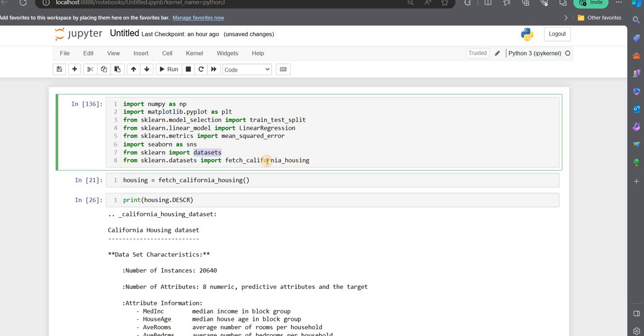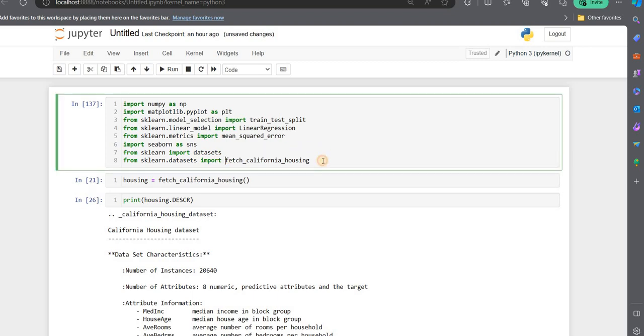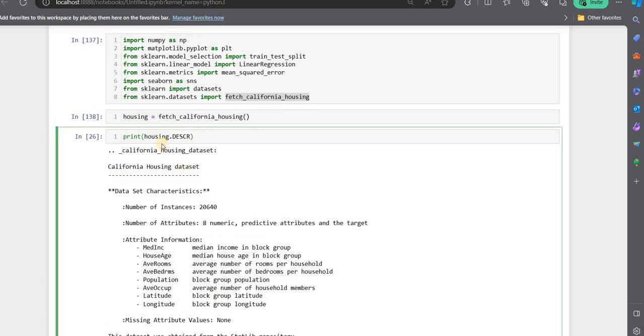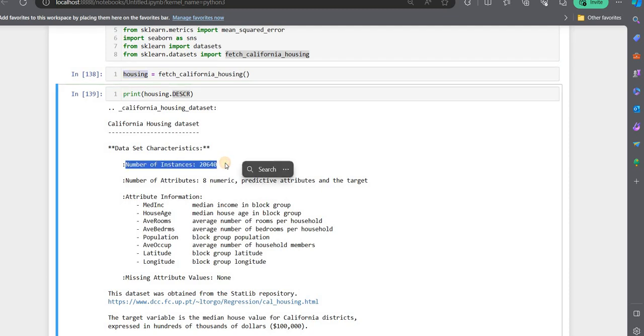From sklearn, I'm trying to import one dataset which is called the California housing dataset. I'm importing it from sklearn.datasets, and if I run housing.DESCR, which means describe, I get the description of this dataset. It says the number of instances is 20,640 records, and the number of attributes is 8, numeric predictive attributes, plus the target.